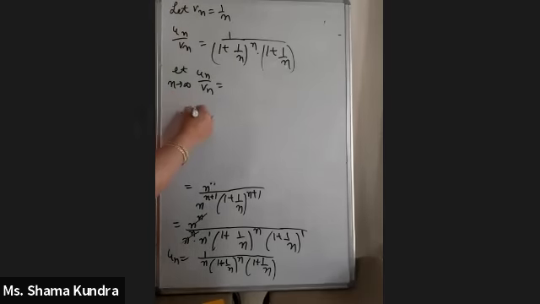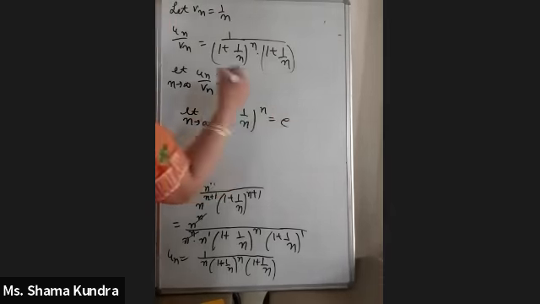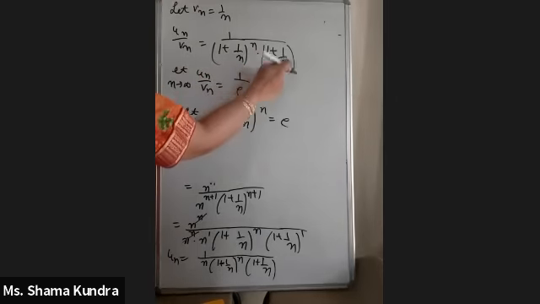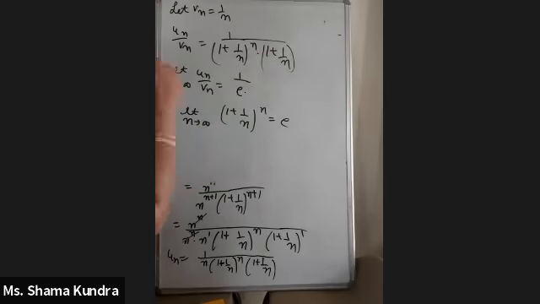You know one result, limit n tends to infinity, 1 plus 1 by n raised to power n is e. So this is e. 1 upon infinity is 0. 0 plus 1 is 1. e into 1 is e.